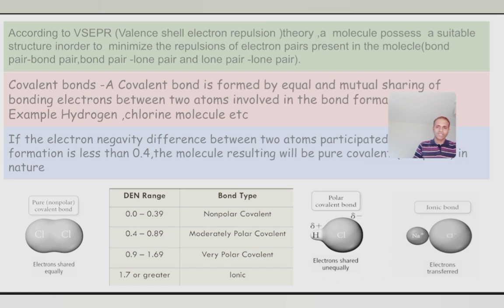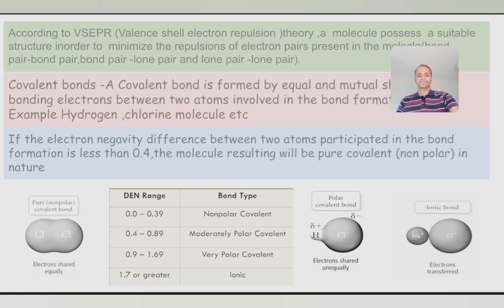If the electronegativity difference between two atoms is less than 0.4, those covalent bonds are called non-polar covalent bonds. Here you can see the chlorine molecule, where the atoms equally and mutually share their outermost electrons. That results in the formation of a non-polar covalent bond.